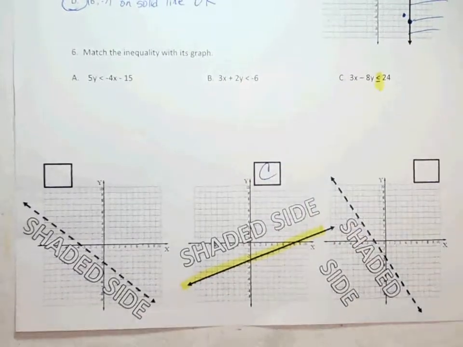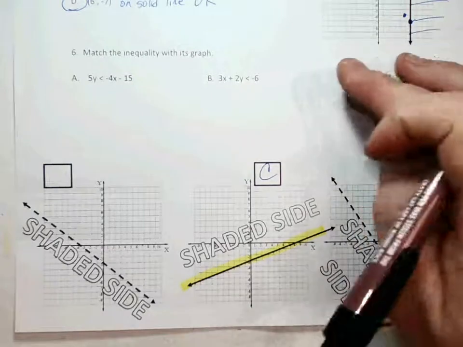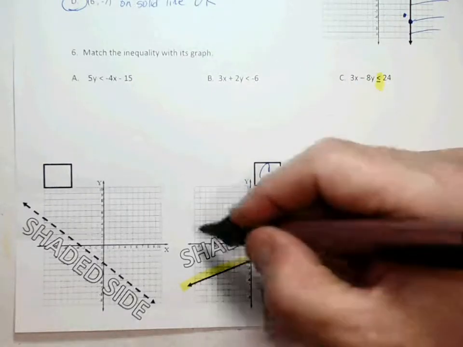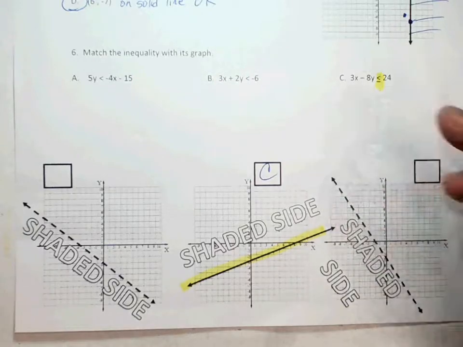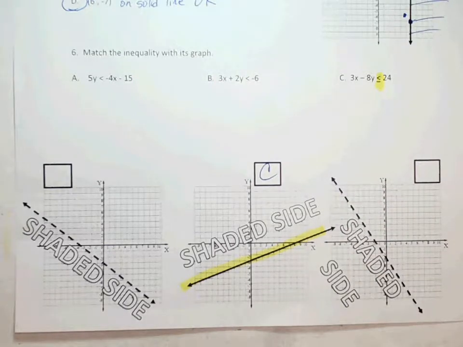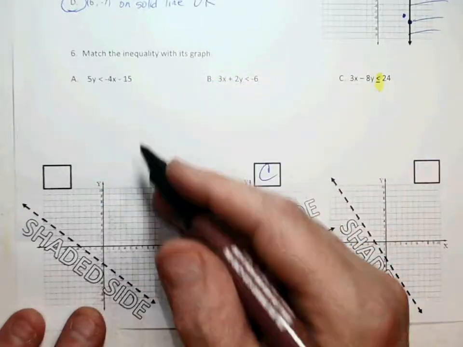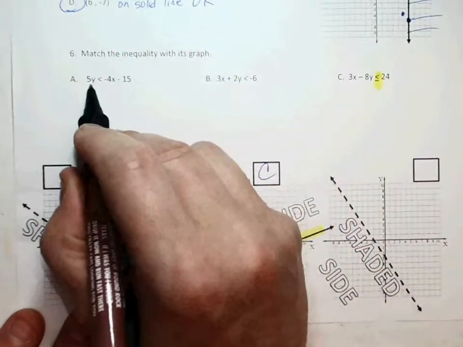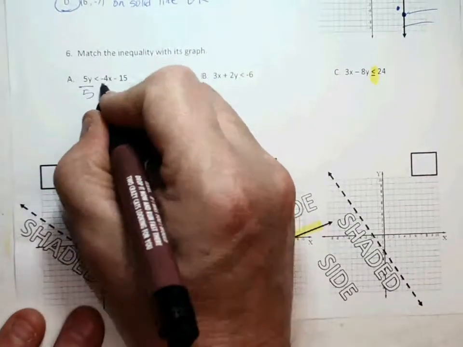I'm going to just kind of sneak by that and say that one's the C because that gave it away. If not, I would have to solve for y and make sure I had the shaded side. Matter of fact, you might want to try that just to verify it. So it's one of these two. Let's just solve for y. This one's going to be easiest to solve for y because all I've got to do is divide by 5.